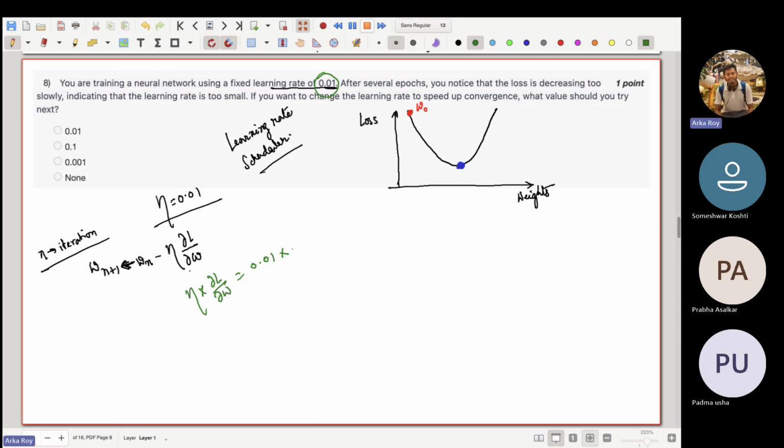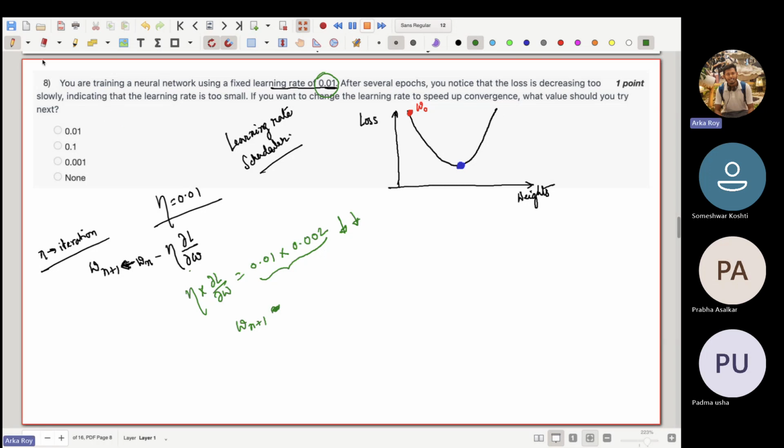Let us consider this del L by del W is quite a small value, let's say 0.002. So you can understand effectively this multiplication output will also be very small.